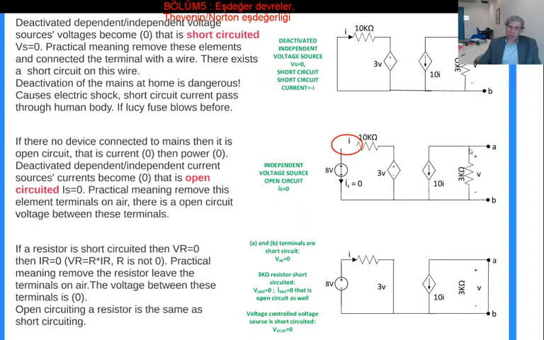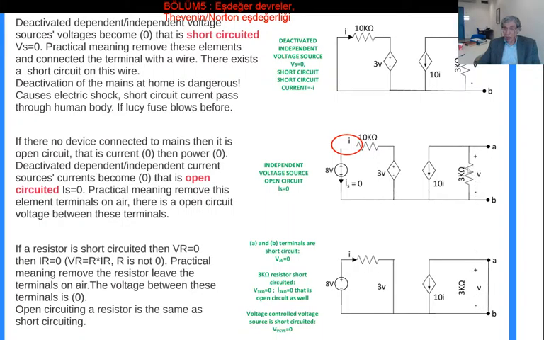That means you short circuited this 3K resistor. Once you have done this, the 3K resistor voltage is zero, then the current is zero, then we have to remove it, so it has been removed here.